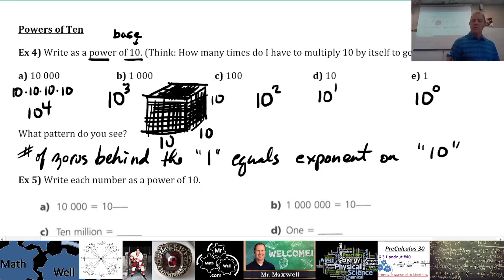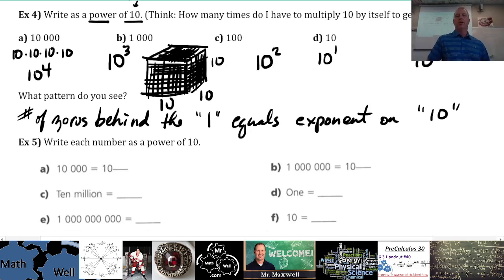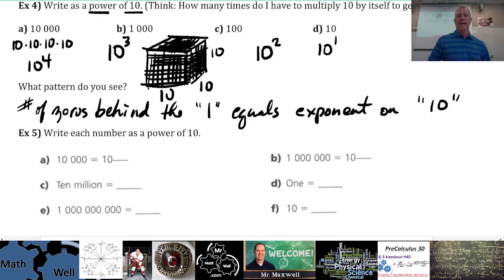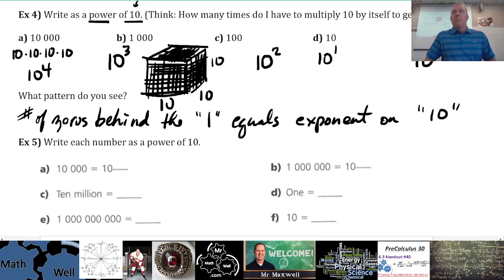Okay, the number of zeros behind the 1 in the standard form equals the exponent that you would put on the 10. Exactly. So 10 to the power of 18 would be 1 followed by how many zeros? 18. Yeah, 18. Okay. 10 to the power of 6 is 1 followed by 6 zeros.